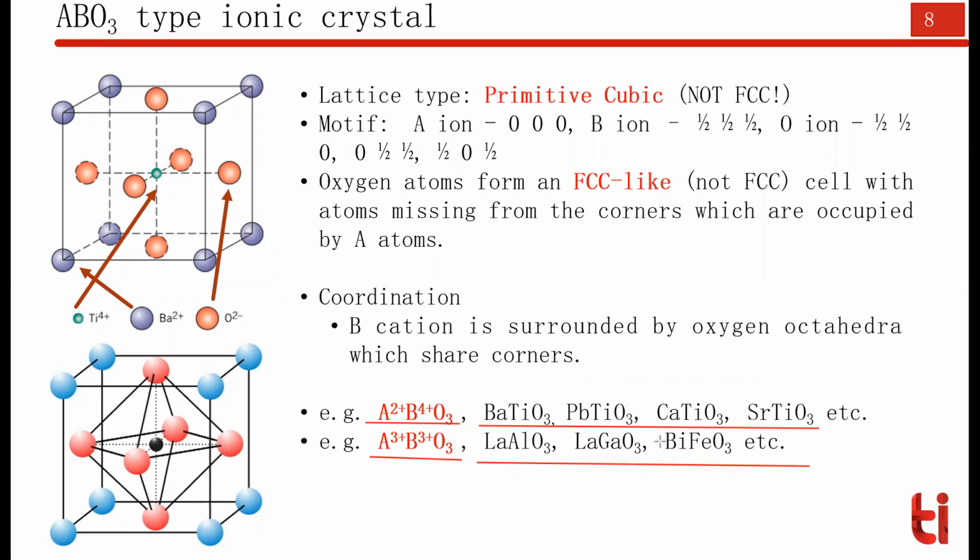So you have to be careful in looking at the crystal structure where a particular ion goes and occupies either the A site or the B site in the unit cell. So overall, you can say your B site is basically the center of the unit cell, and your A site is the corner site, which is the regular lattice point.